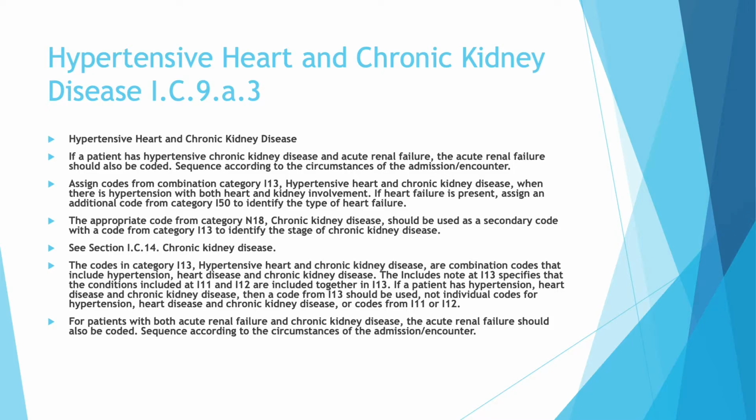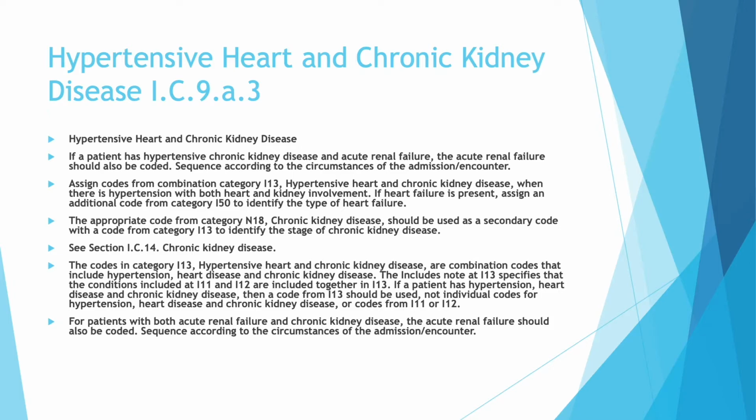If the patient has heart failure, then we would add a code from category I50 to specify what type of heart failure the patient has. And then we still need the N18 code for what stage specifically the patient has for CKD. Just like how we had I12 for hypertensive CKD, here in I13, hypertension, heart, and CKD, the first code, the I13, is still the "I got a secret and I ain't gonna tell you" what stage of CKD the patient has.